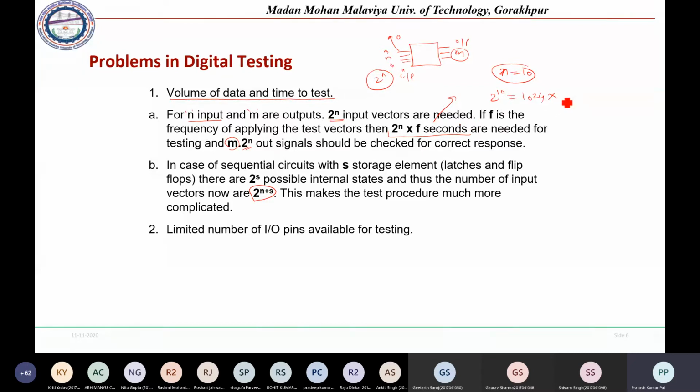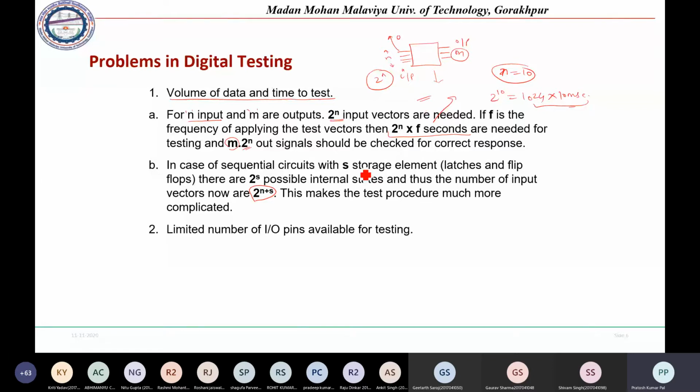Suppose it is requiring 10 milliseconds, then this much time will be required to test a particular chip that is having only 10 inputs. But today the chip size is very large. It is having a large number of inputs. So if we are having a large input chip, then it will require very large time for testing each input.